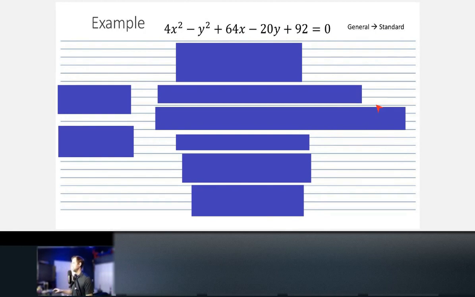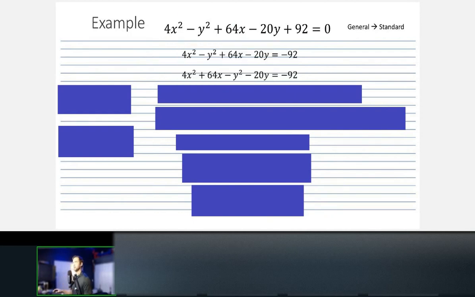Also, I want to point out, hyperbolas, one of them is negative. When you reorder them, you want to have the grouping of the one that is positive first. Because x squared is positive, you're going to list the x stuff first, then your y stuff, and then equals your constant, which I'm going to show you underneath this blue box.